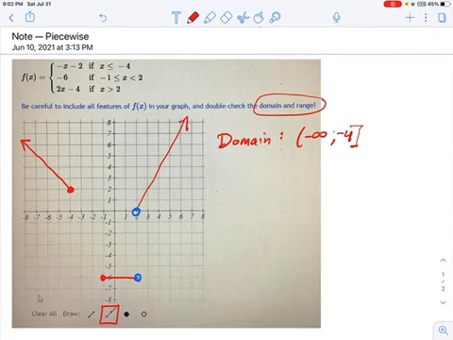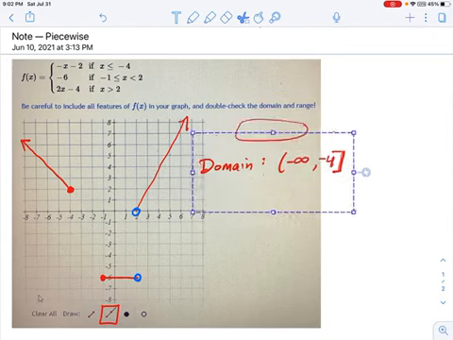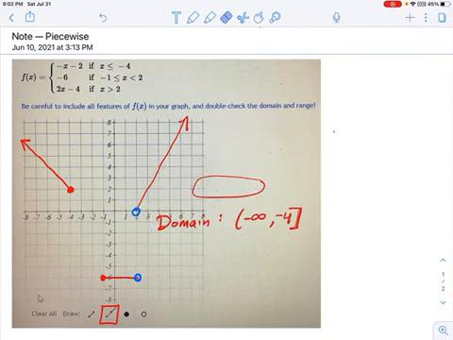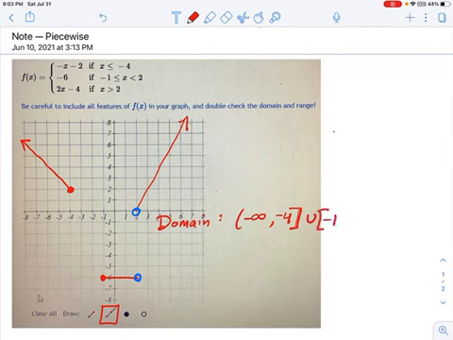Stops at -4, not before -4, but on it, with that closed dot. And then I'm going to move this over to give myself more space. And then, what happens next? Well, it picks up again at x equals -1. And then it goes until we get to x equals 2. And that's an open parenthesis because, you guessed it, that's an open dot.